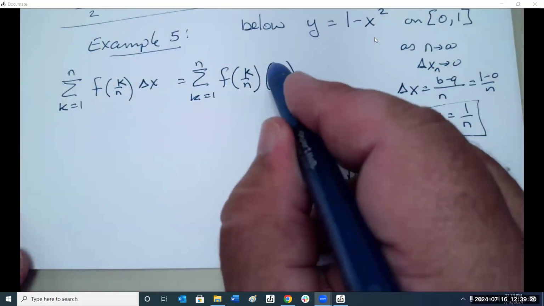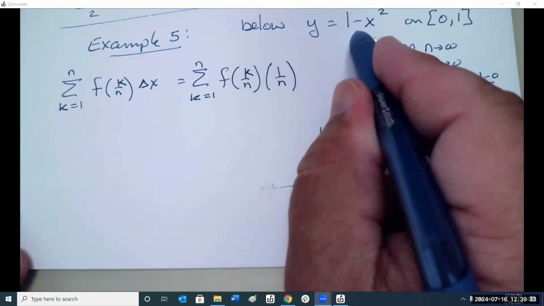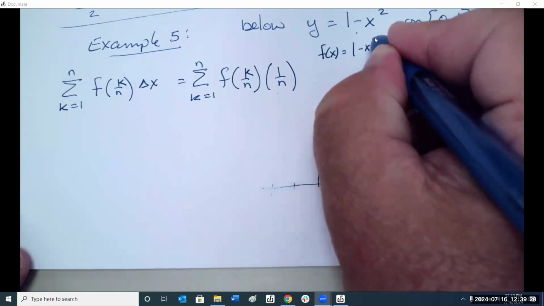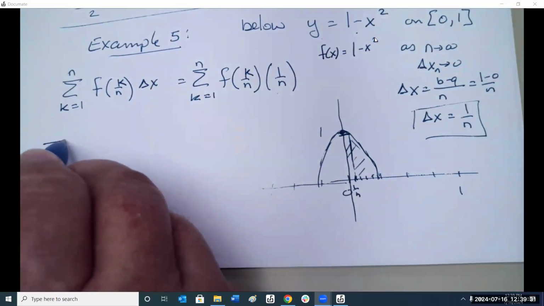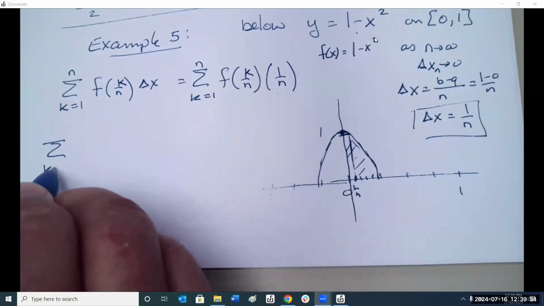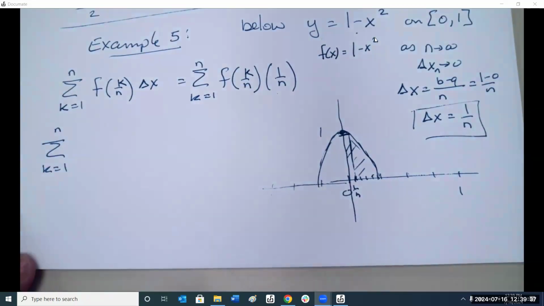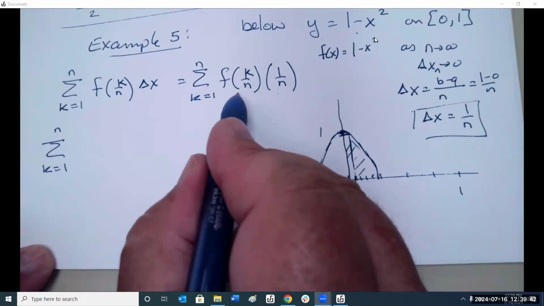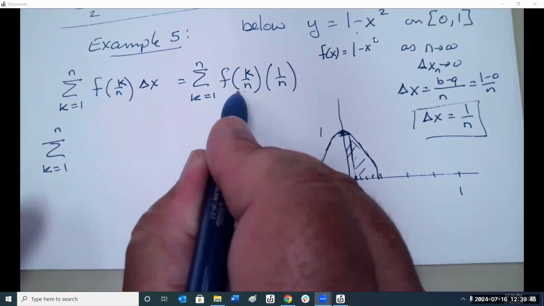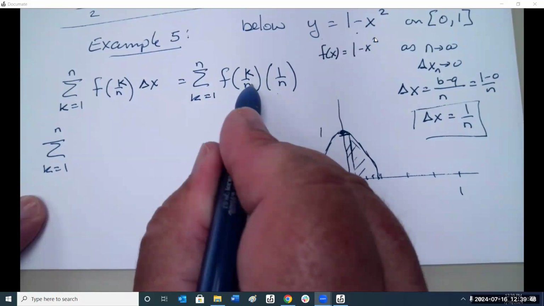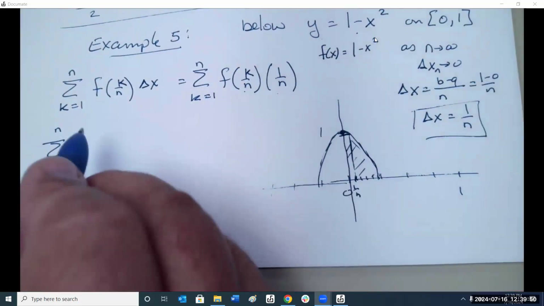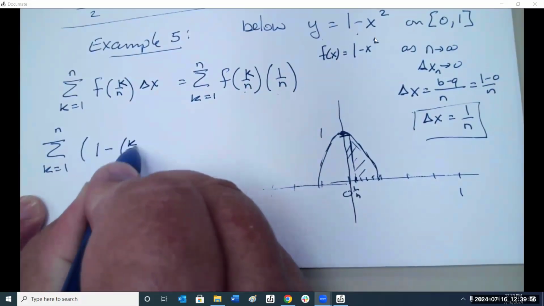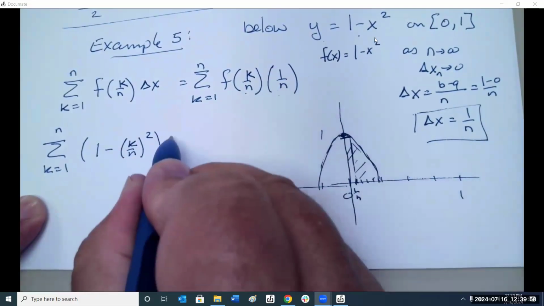So let's plug in all this. Now we have our function. Let's put this in there. So this is our f of x, 1 minus x squared. So we get the summation as k goes from 1 to n of f of k over n, which is this function, 1 minus k over n squared, times 1 over n.